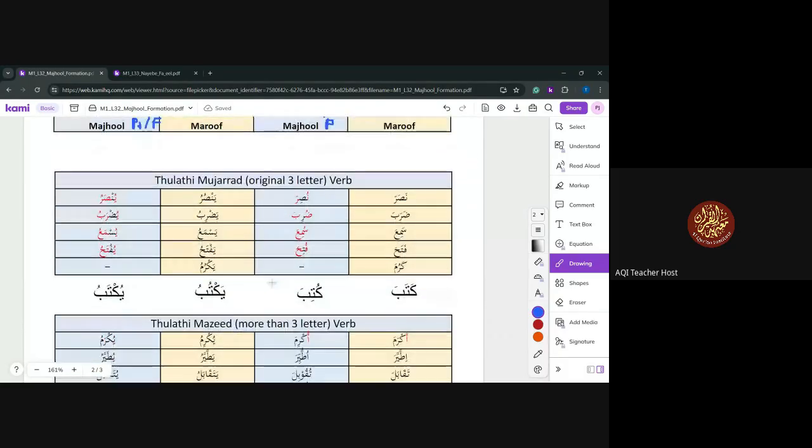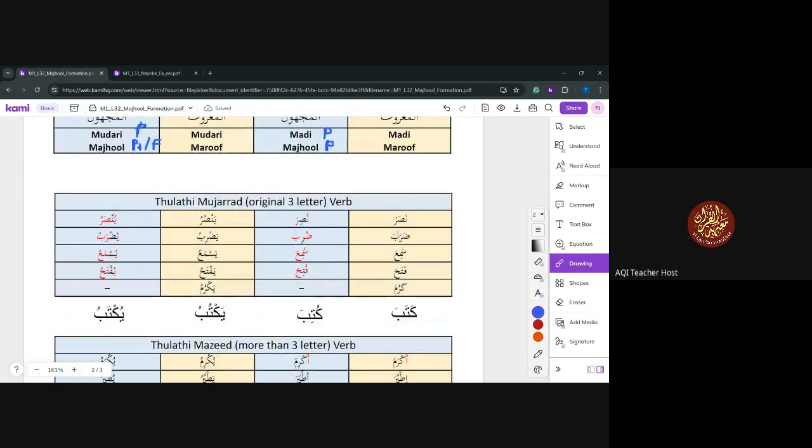So let's see the pattern, how it works. In Model 1, we focus mainly on the tri-lettered verbs. So we have verbs with only 3 root letters, like nasara, daraba, sami'a, kataba, and so on. Nasara has a fatha on the first and the last letter, so all of them follow the fa'ala pattern. Nasara is a Madi Maruf, meaning an active Madi verb.